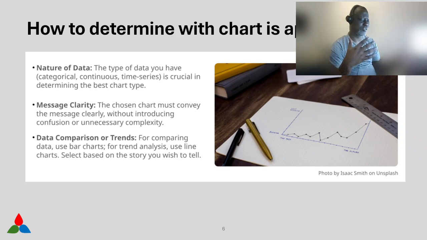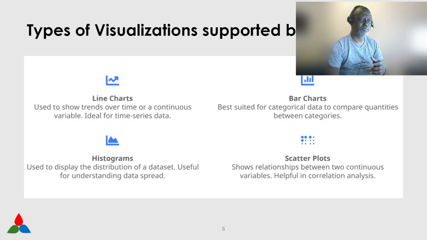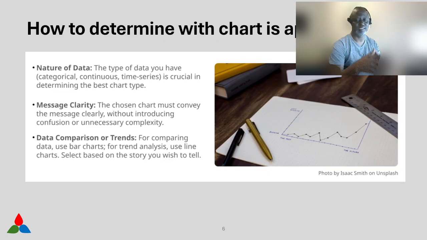If it is continuous, you can think of a histogram. Then you can think of the scatter plot, in a situation where you have more than one variable and you want to find out whether there is a relationship between any two of them. You use scatter plots to do that.